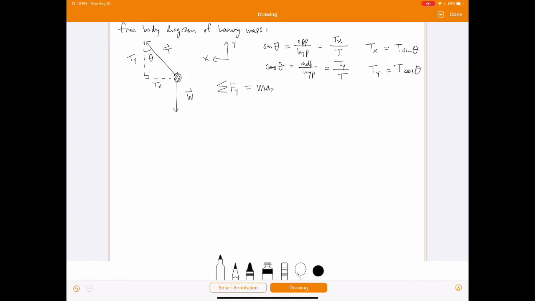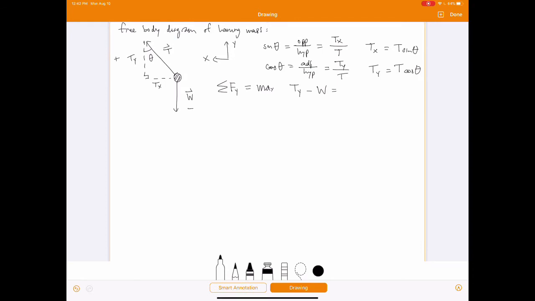So what forces do we have acting in the y direction? Well, if we go to the diagram, this is why the diagram is useful. We have Ty, which is positive, and then we have W, which is negative. So I'm going to write this as Ty minus W. And what does that equal? It equals whatever the mass is times ay.